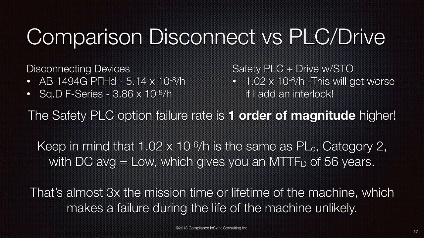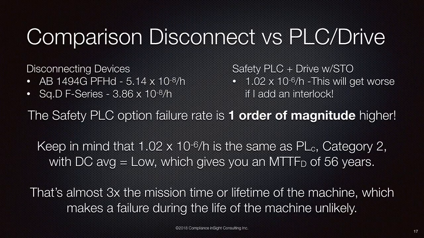Well, that 56 years is starting to get close to our mission life, right? It's still 3 times what our mission lifetime is, so that means that in our 20-year lifetime of the equipment, we're not in a situation where we're going to need to replace this safety PLC and drive, because the MTTFD for that system is longer than the 20 years.